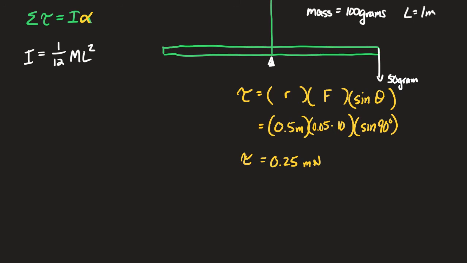Next, this object's inertia is based on rotational inertia. So that's over here: 1/12, the mass of the meter stick, 0.1. This is not the mass that's hung. This is the mass of the meter stick. L squared, 1 squared.